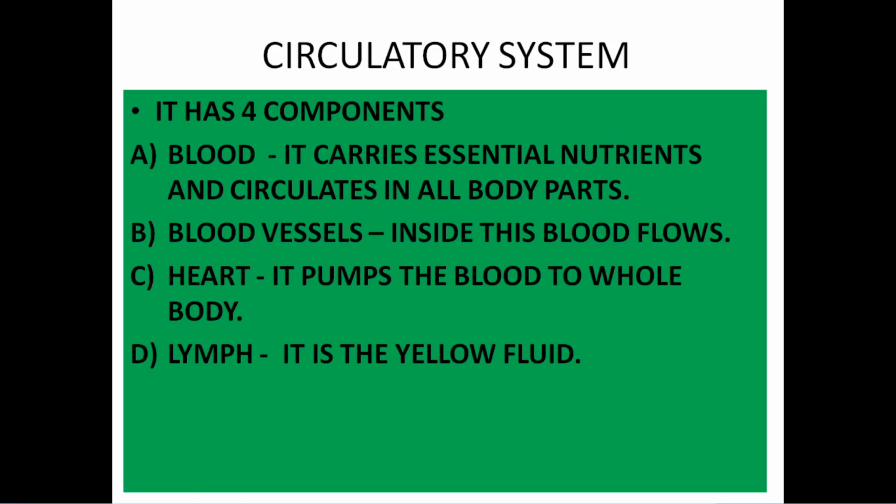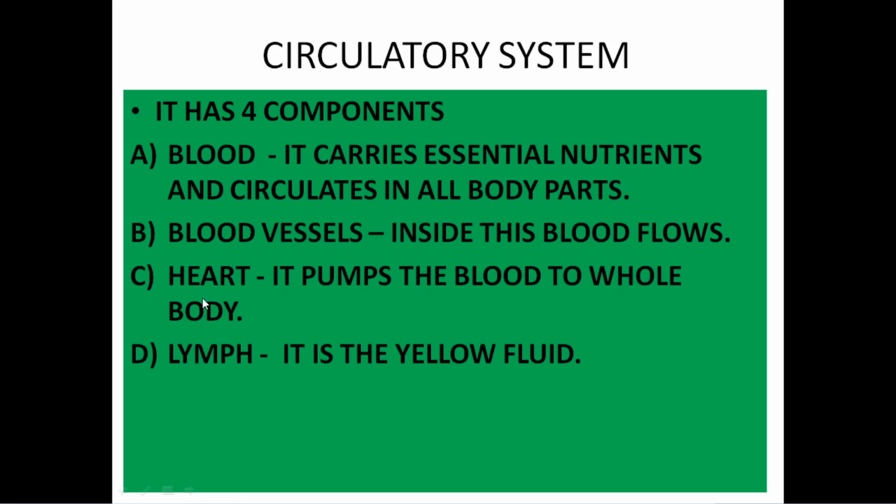You all must have studied in class 9th that there are two types of circulatory system: open circulatory system and closed circulatory system. Open circulatory system means when the blood flows in the cavity, not in the blood vessels, like in mollusca and arthropods. Whereas the closed circulatory system means when the blood flows inside the blood vessels.